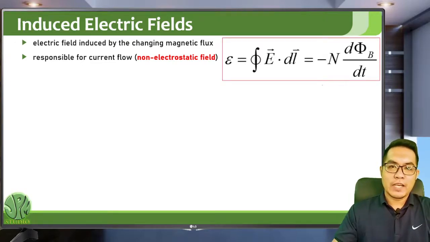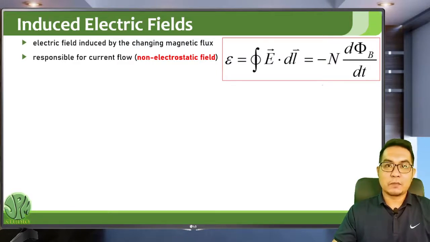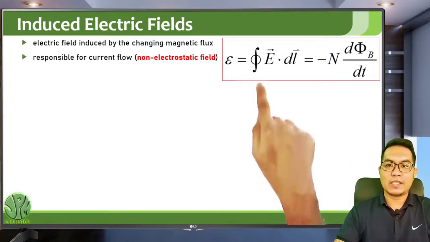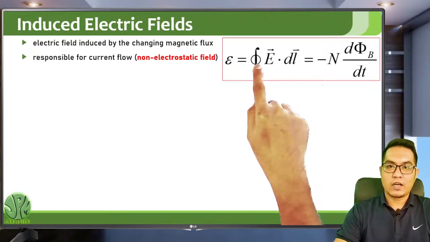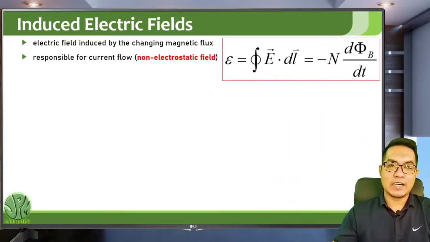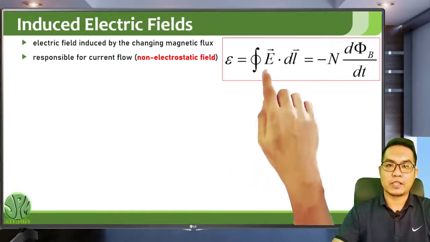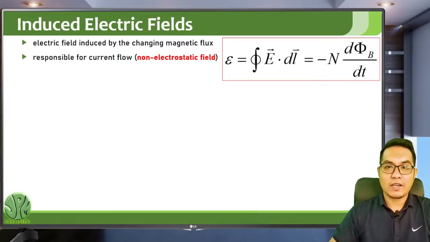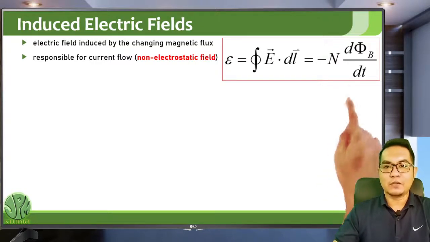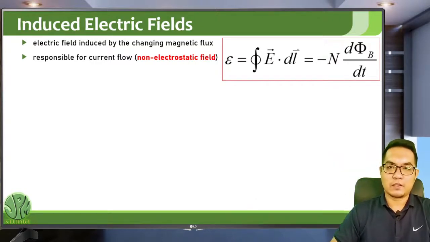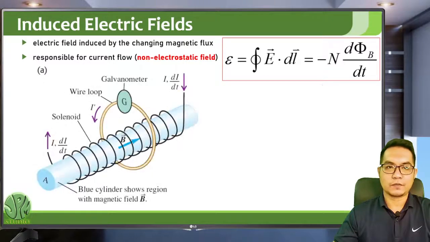So the EMF is equal to the potential difference, and in this case, it's the closed integral of E dot dl. Sorry, it's not the potential difference because it's a closed integral. So the closed integral of E dot dl is equal to the EMF, the Faraday's law that we have before.